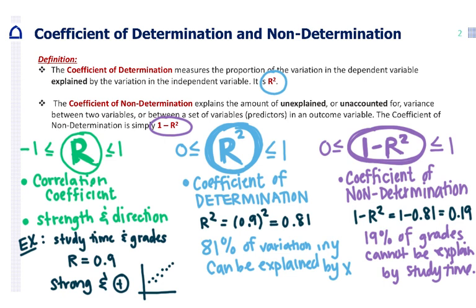Then we'll square it, and we'll get the coefficient of determination, and that gives you the percentage of the variation of y that can be explained by x. Then you can take that number, subtract it from 1, and you'll get the coefficient of non-determination, which is the percent of variation of y that cannot be explained by x. It's explained by something else. Okay, we'll do some examples.